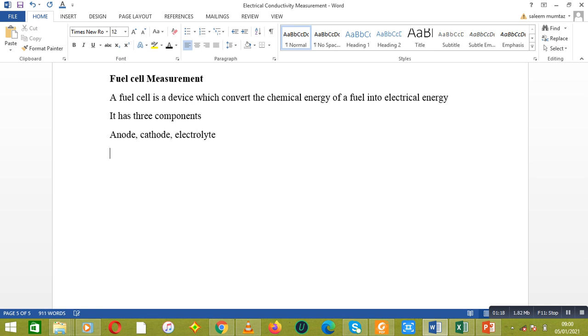Now, what happens at the anode? You know very well that at the anode the oxidation of a fuel will take place, while at the cathode usually the reduction process will take place, reduction of air or something other.